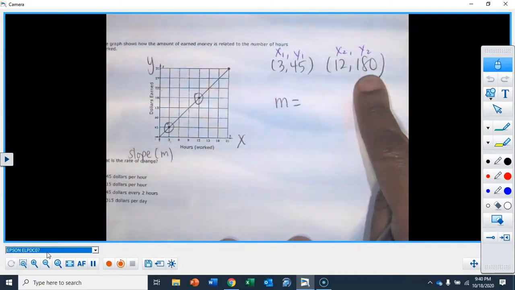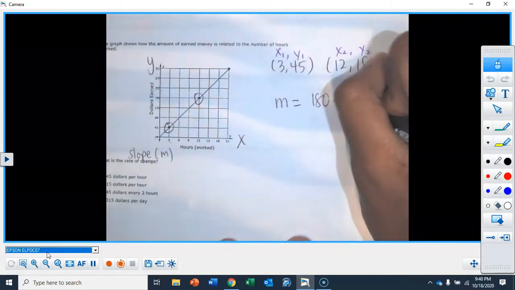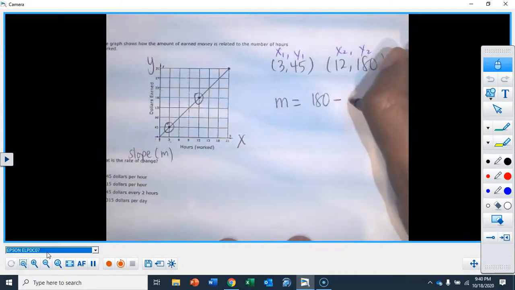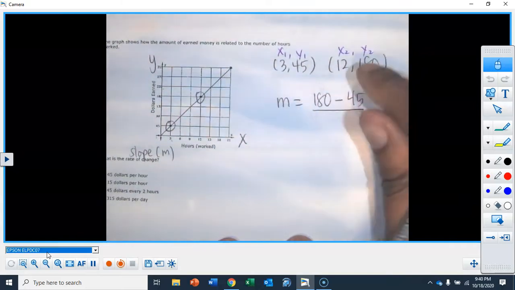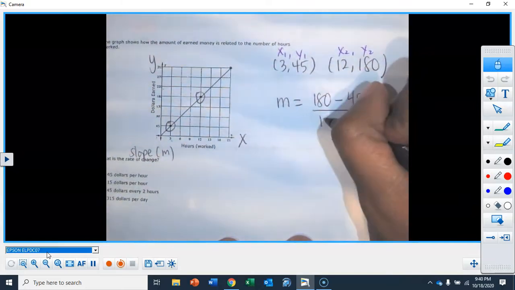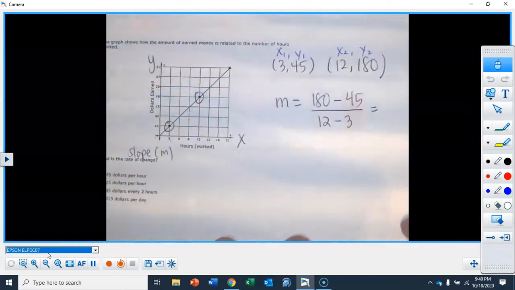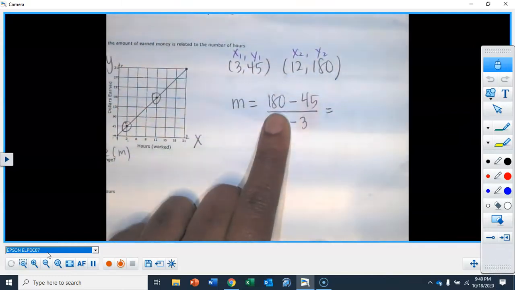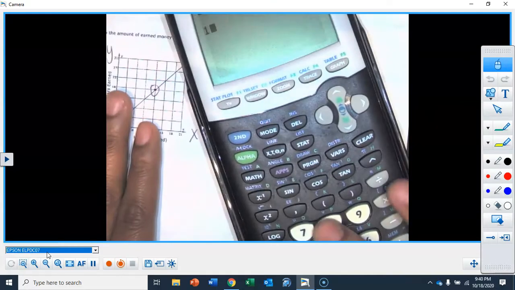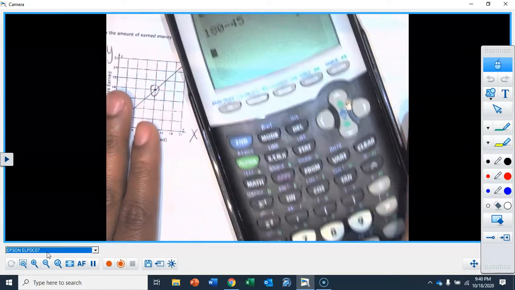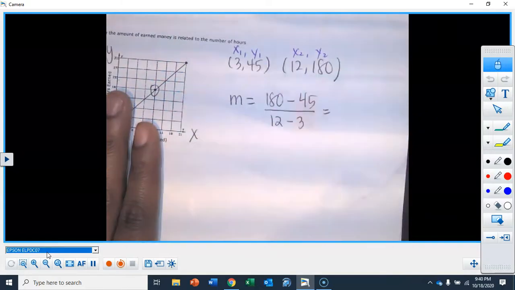And I'm going to calculate my m. So y2 is 180 minus y1 is 45 divided by x2 is 12 minus 3. Okay, so when you subtract 180 minus 45, you're going to get 135. That's in the numerator.